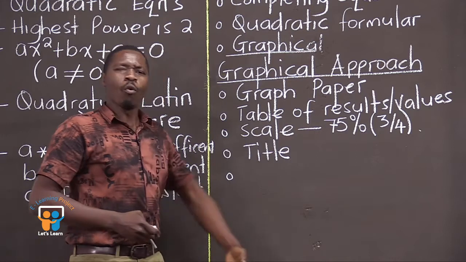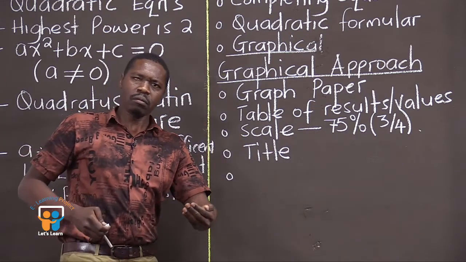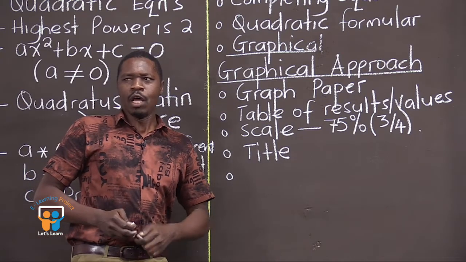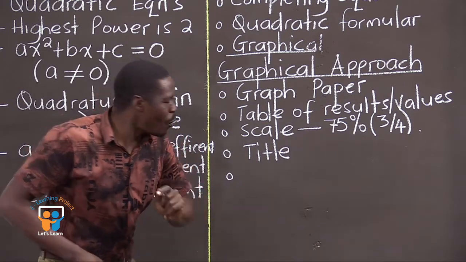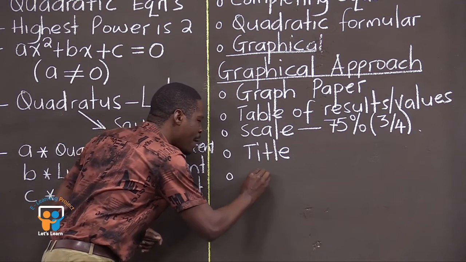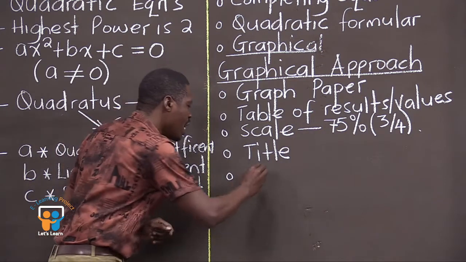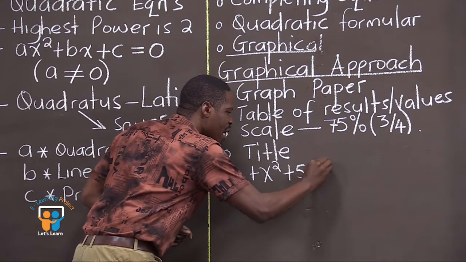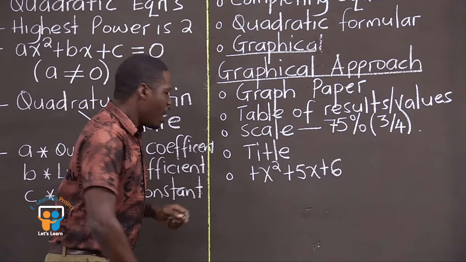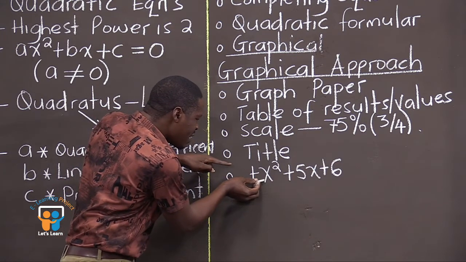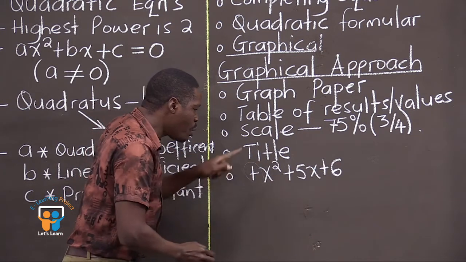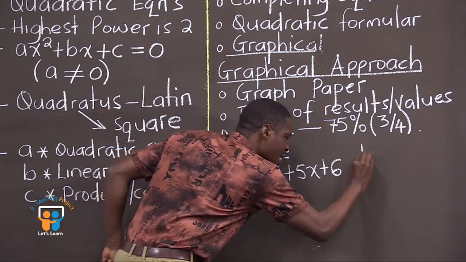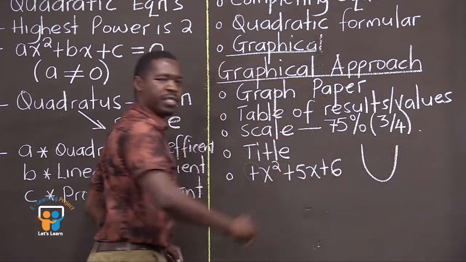We need to know that whenever our coefficient is positive, for example, if you have x² + 5x + 6, whenever the first number here, the coefficient of x squared, is positive, then simply know that our curve is going to be U-shaped.